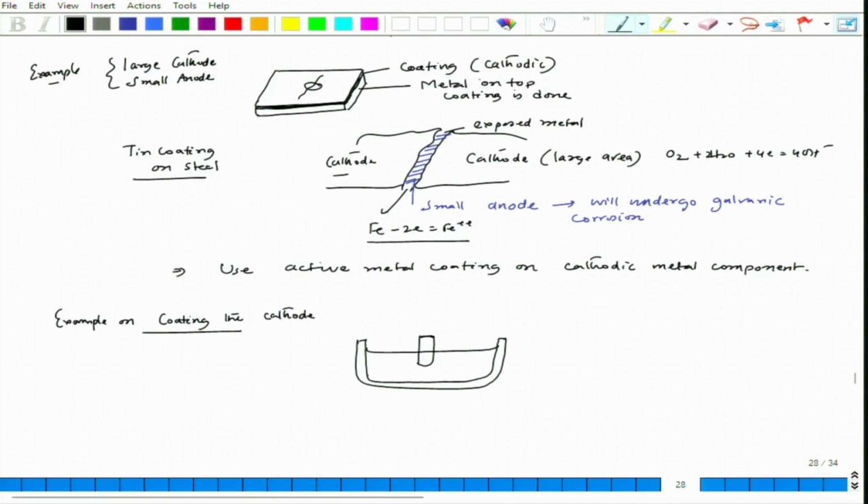So, let us paint it. If somebody can paint it, so the painting is done. So, this is the painting part and the painting part is everywhere. So, let us say this is a phenolic paint. So, this blue color is the paint part.